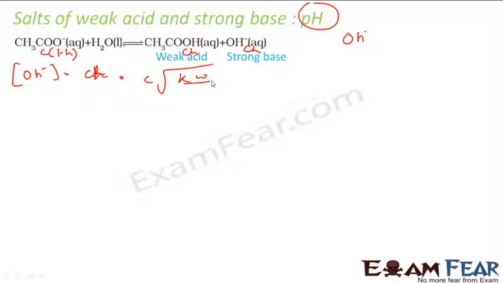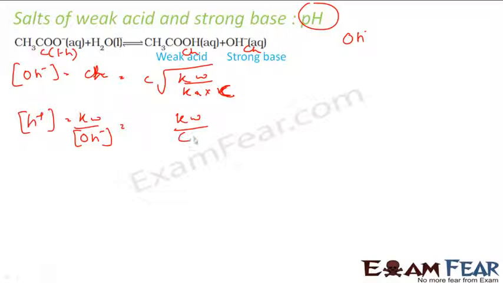The value of h we found is root of Kw by Ka into C. This is my OH minus concentration. The H plus concentration is Kw by the OH minus concentration. Let's put the value: Kw by C root of Kw by Ka C. You solve this and get root of Kw Ka by C. This is my H plus ion concentration.